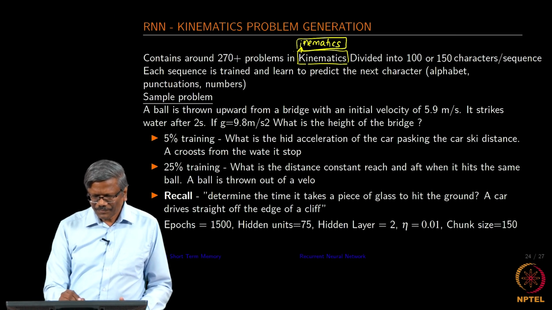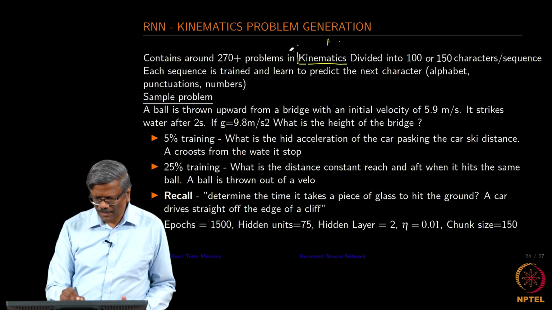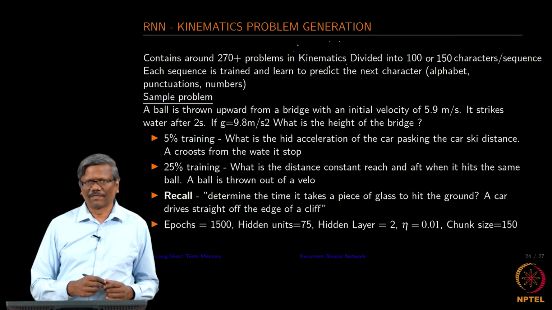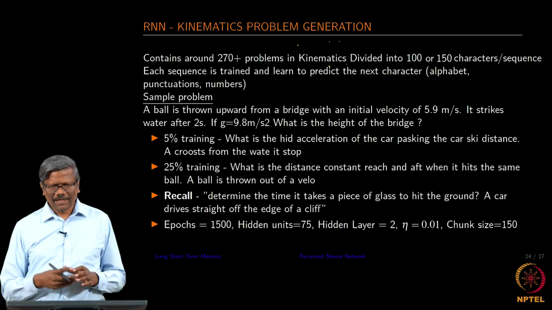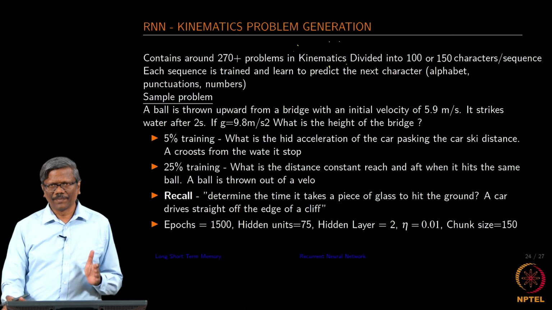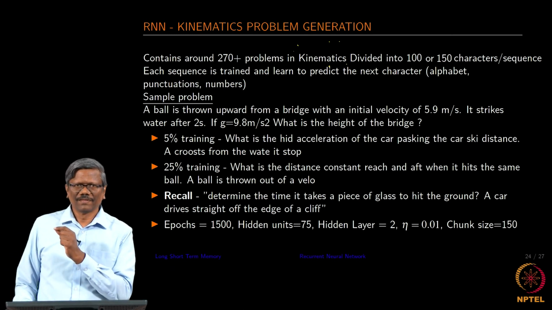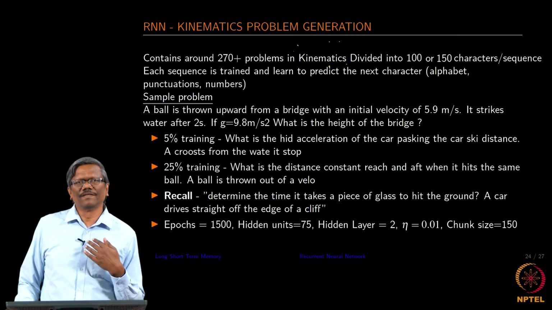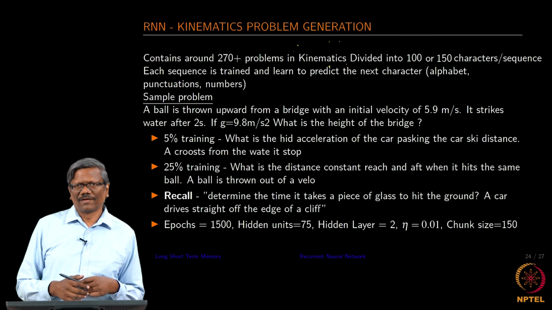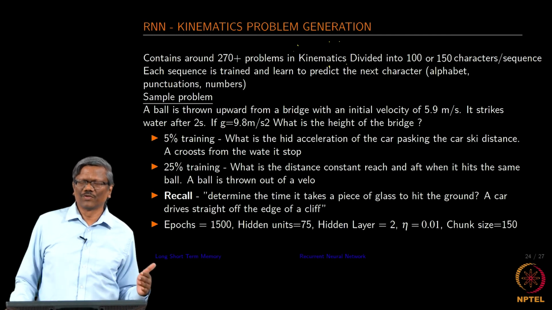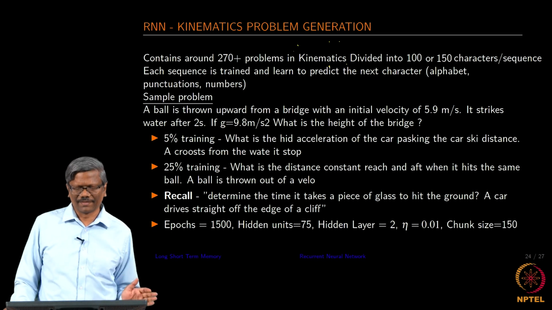So, this is how the characters are fed. In this case I have taken all the problems, concatenated them into one single file, and it is a sequence of characters. From this I want to see whether the system is able to really generate a useful statement, or a useful problem statement. This is the idea.